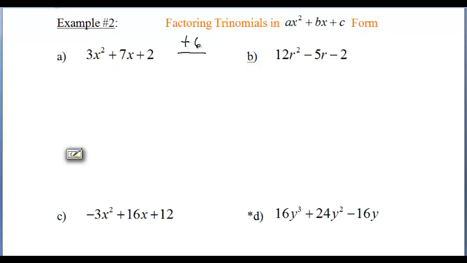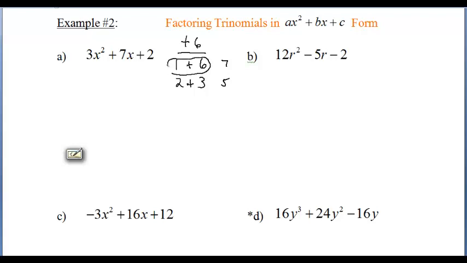So the positive factors of 6 are 1 times 6 and 2 times 3. Now I'm looking for the pair that adds to a positive 7. So 1 plus 6 is 7, and 2 plus 3 is 5.